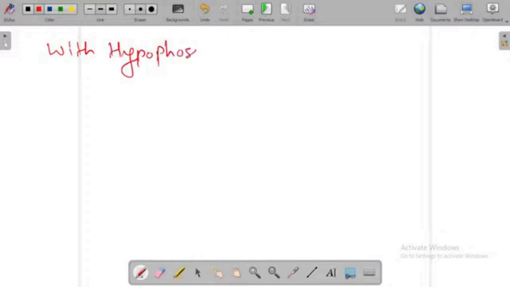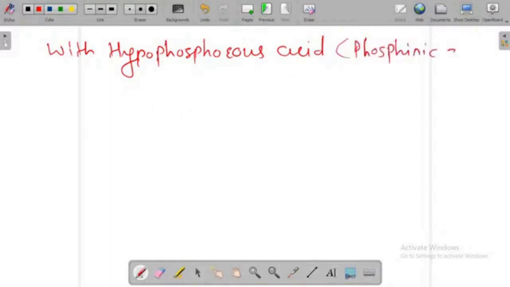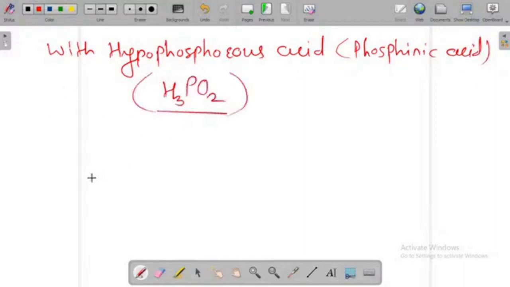Hypophosphorus acid is also called phosphinic acid, and the formula is H3PO2.